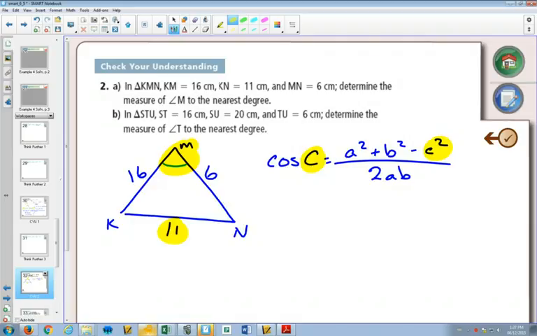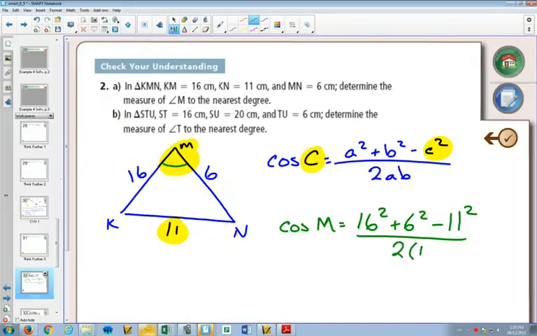So now if I want to find cos of angle M, it doesn't matter which one I pick as A and which one I pick as B, as long as I'm subtracting that 11 squared that's opposite it, all divided by 2AB.